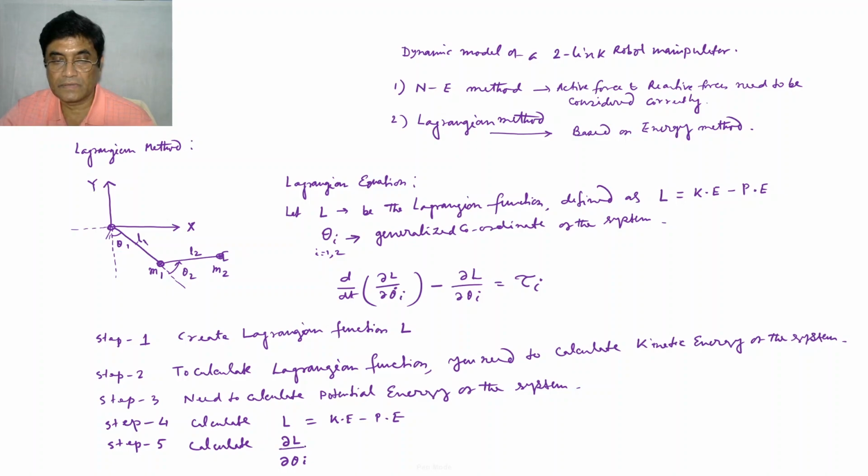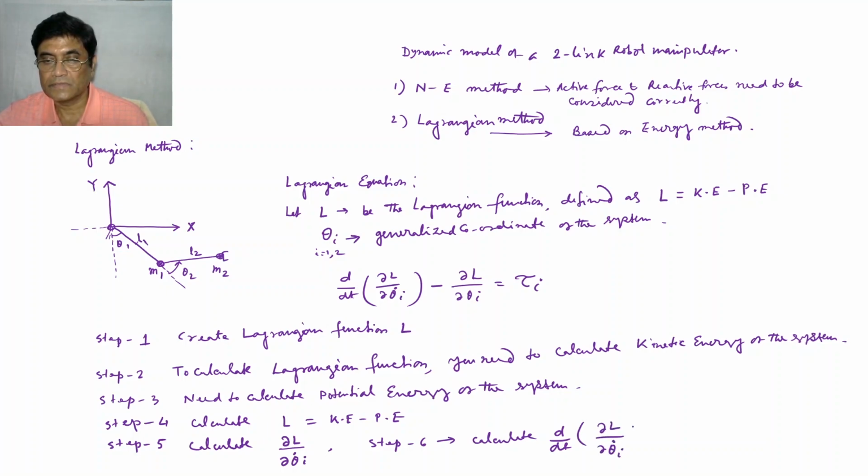Because you will have theta i dot, theta, all kinds of things in this function, you calculate that easily. And then step 6. So step by step we will do all this. Calculate d/dt of del L del theta i dot.